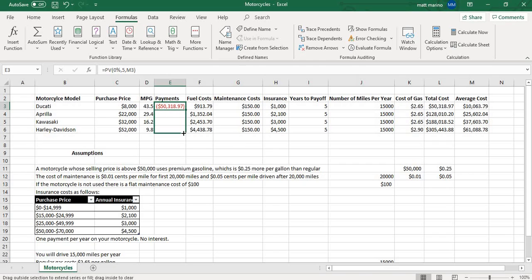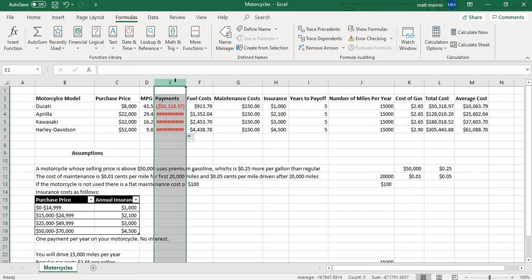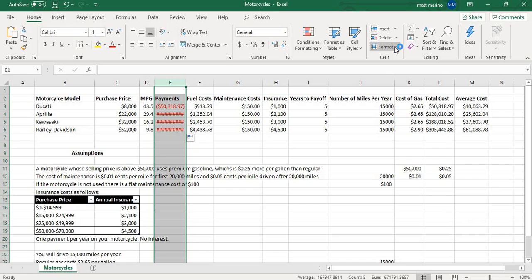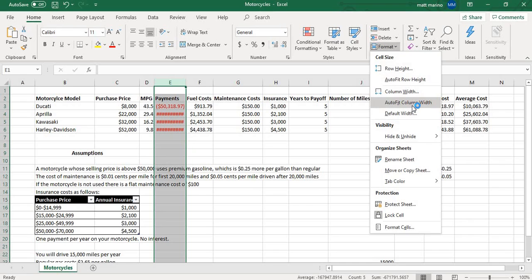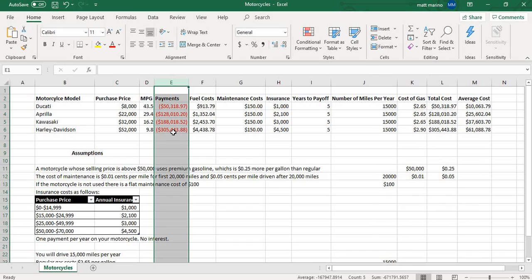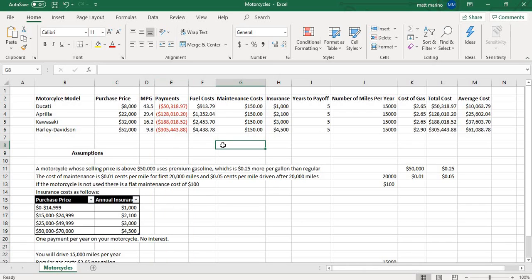As you drag the formula through, you'll notice, again, that the information may be too small to fit within our column. So we need to auto-fit our column width again. And again, you'll notice that they are the inverse of our total cost. Because in our total cost, we are just calculating the cost we pay over those 5 years. Within the payment section, we are assuming that we are paying out this specific amount of money over the course of those 5 years.